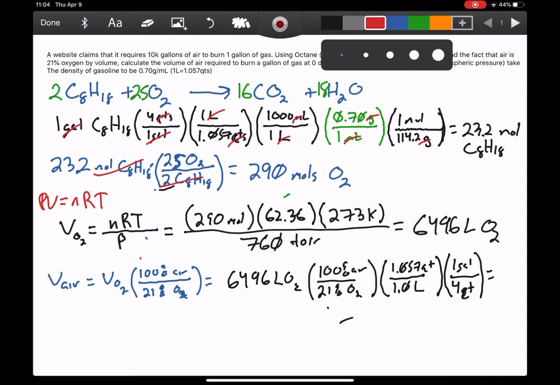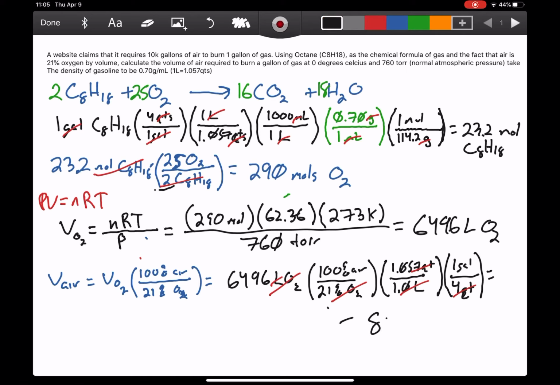Now notice that we have liters of O2, and now we have O2 canceling out. So this is going to be liters of air. Now we're going from liters of air, liters canceling out, going to quarts of air, quarts canceling out to gallons. And our final answer is going to be 8,172 gallons of air required to burn 1 gallon of octane.